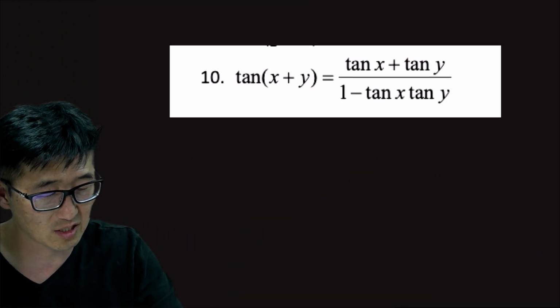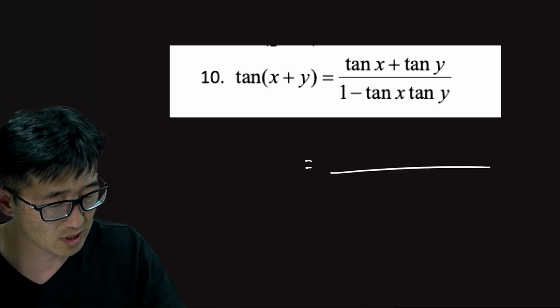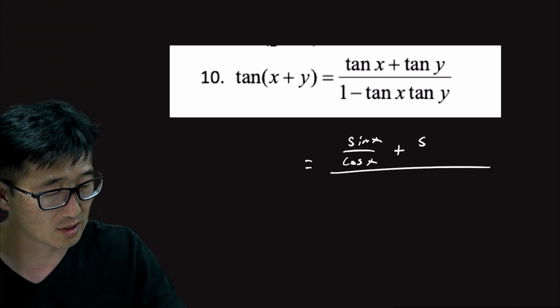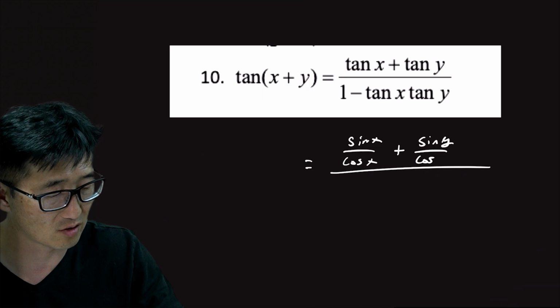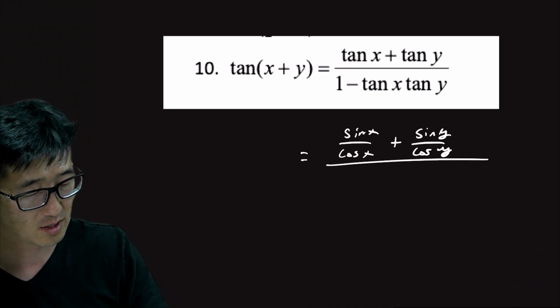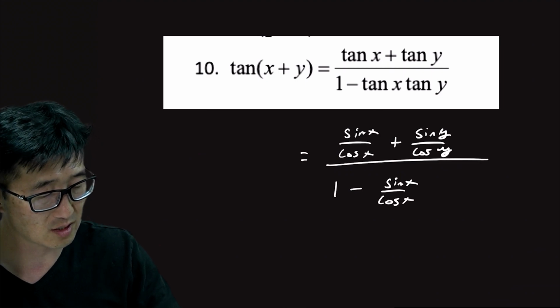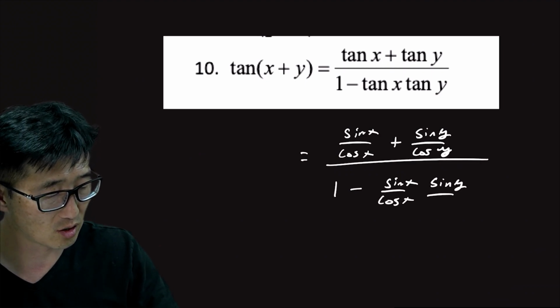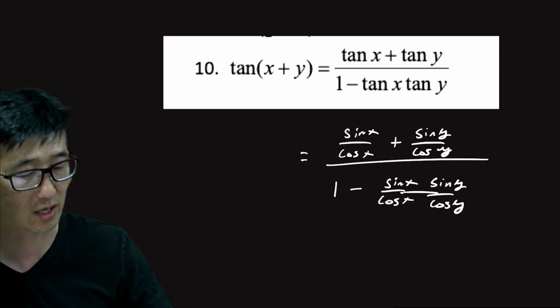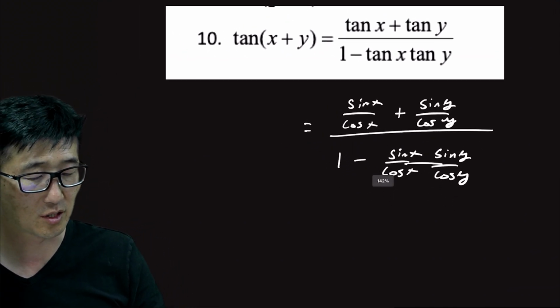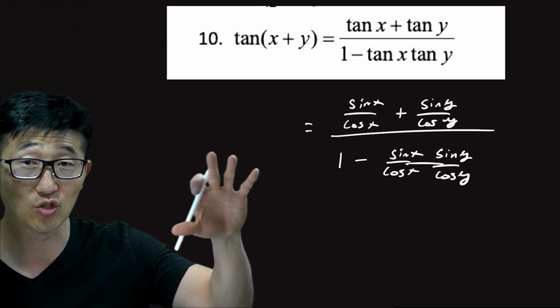Okay, so let's start on the right side, and this will become sine x cosine of x plus sine y cosine of y, right? And then this will become 1 minus sine x cosine of x sine y cosine of y. Now watch. When we start doing common denominators, it's gonna look like the stuff that we just wrote.